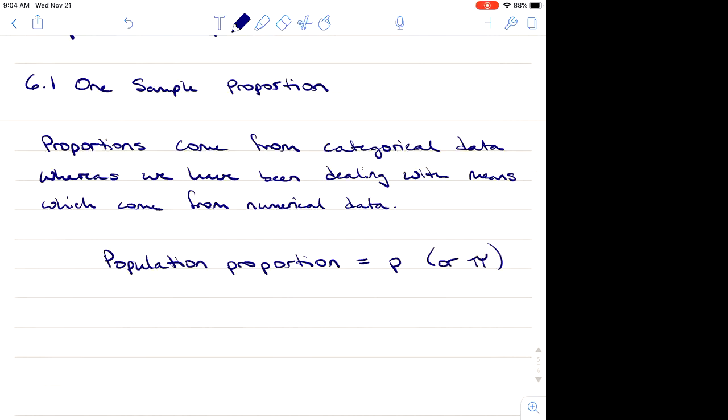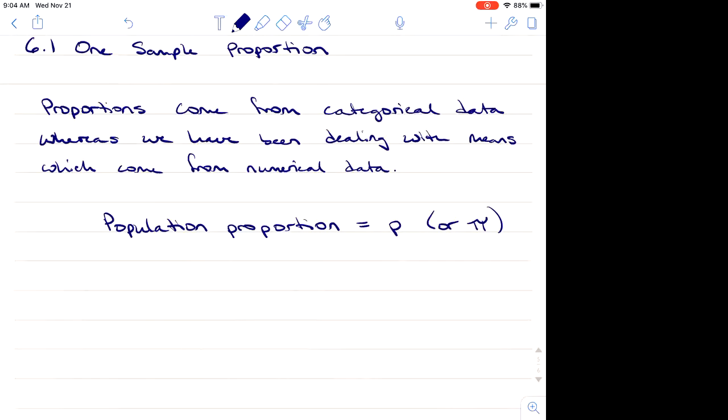The reason I'm throwing pi out there is because we have been using Greek letters for population stuff, so it makes sense to use pi, the Greek letter for p. But as proportion analyses evolved, people started using p instead. Not sure why. But as you'll see on your formula sheet, your null hypothesis is about p and not pi. So I use p.